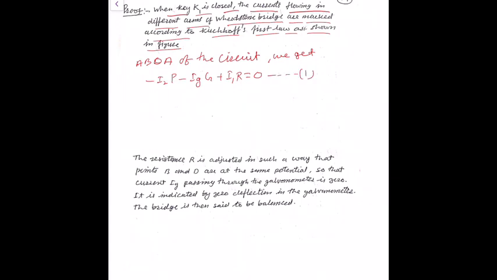It is equation first, where G is the resistance of the galvanometer.